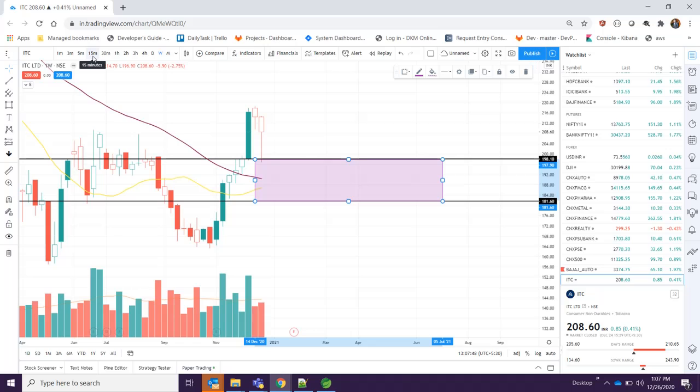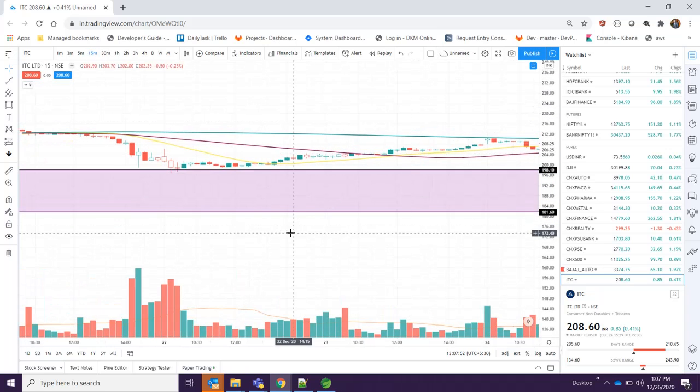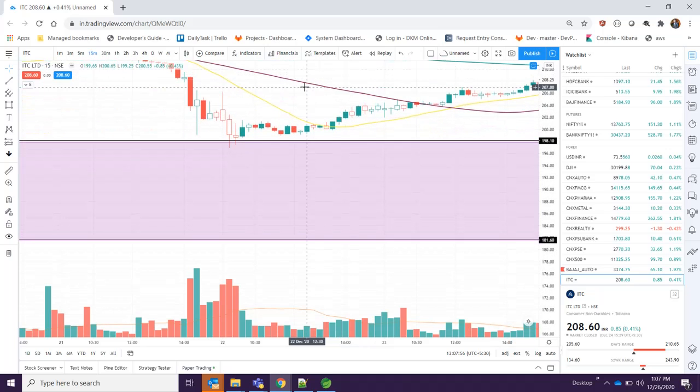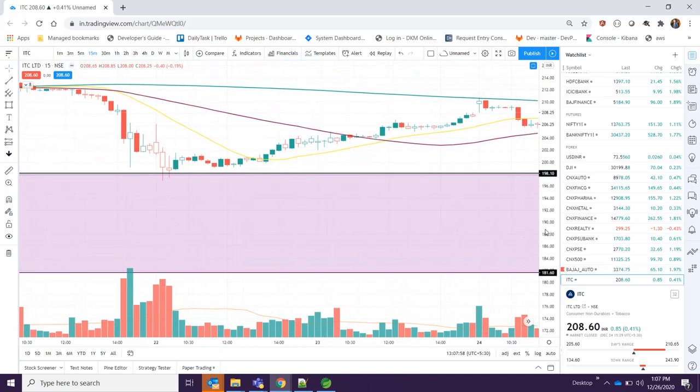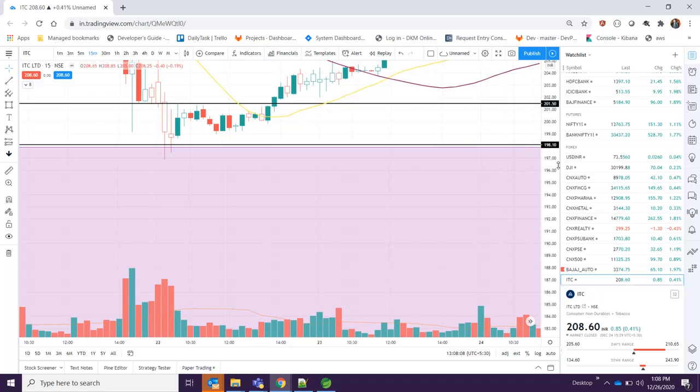So let me switch to the 15 minutes. If you see clearly, this time it came to this zone and then it made a W pattern breakout. Let me mark it.